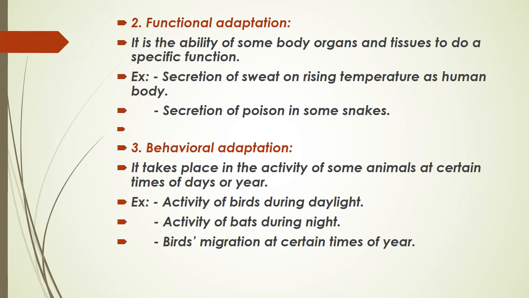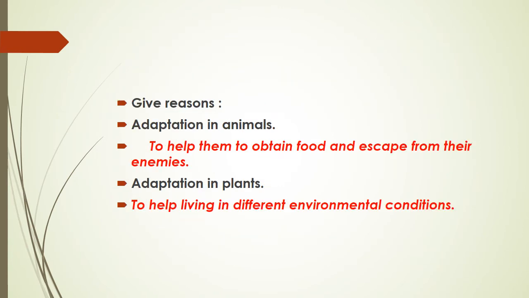Behavioral adaptation takes place in the activity of some animals at certain times of day or year, like activity of birds during daylight, activity of bats during night, birds migration at certain times. Give reason: adaptation in animals helps them obtain food and escape from their enemies. Adaptation in plants helps them live in different environmental conditions.